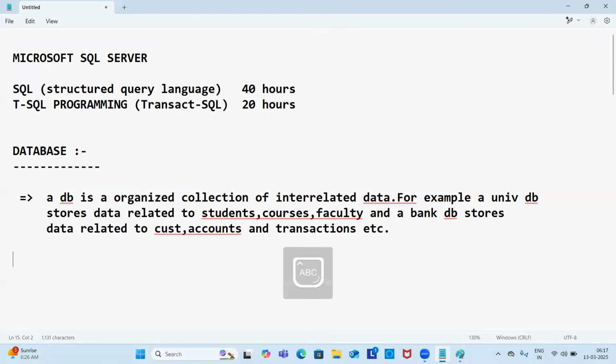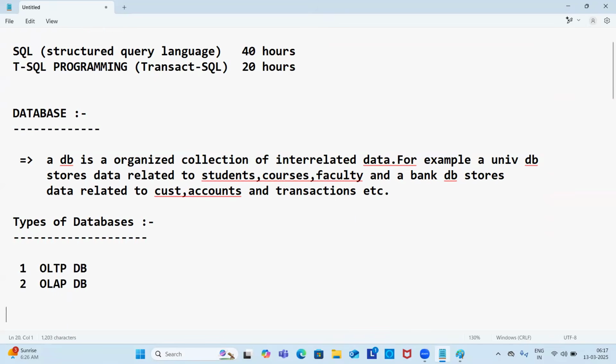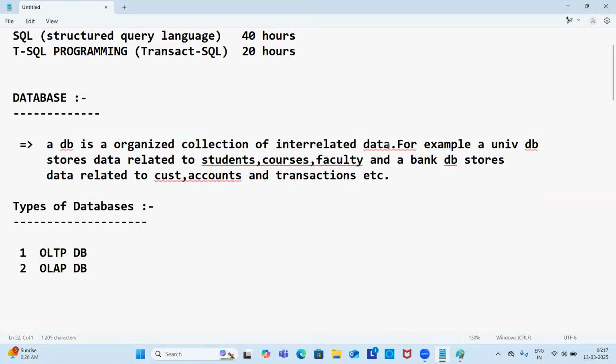So what are the different types of databases? Mainly two: OLTP and OLAP. Nowadays, every company maintains two databases, OLTP and OLAP.